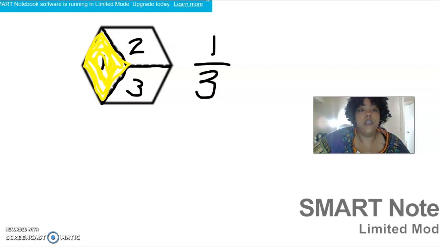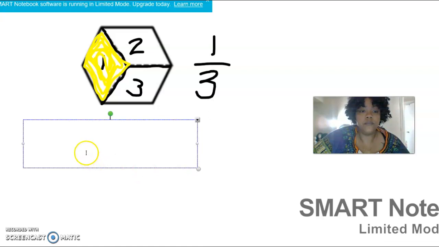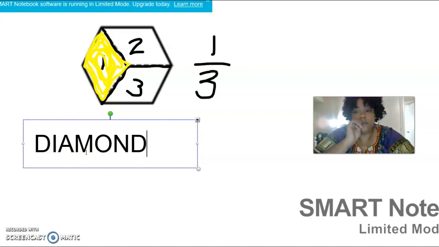Now, the name of that shape is diamond, right? So this is one of those pet peeves for Miss Knight. There is no shape called a diamond.